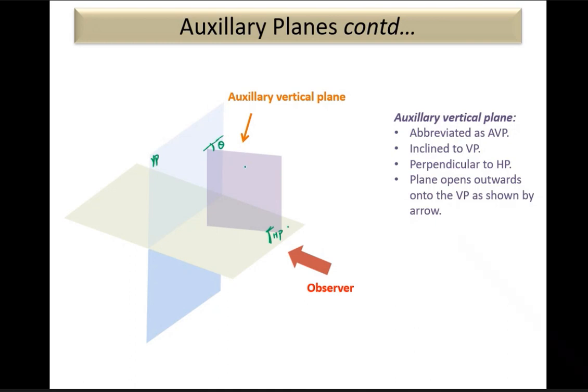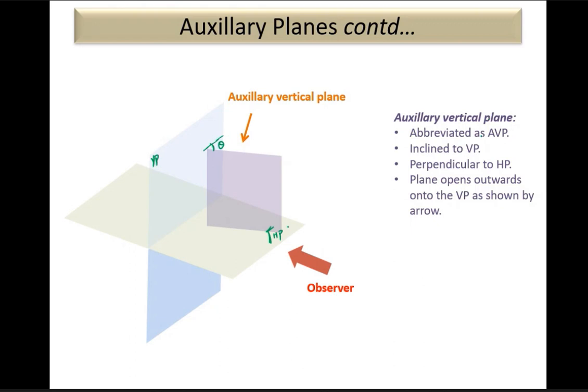You will see the significance of auxiliary inclined plane when we go for projection of planes or projection of solids or projection of lines also. In those cases, these planes can play a crucial role in solving your problems or defining the geometry.